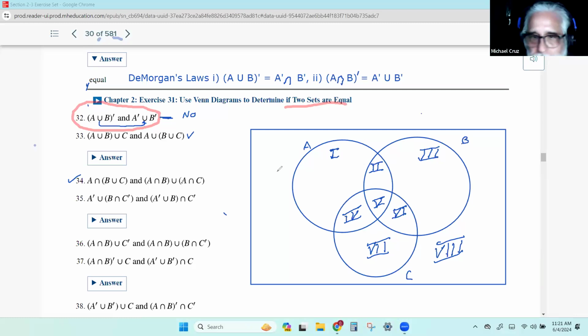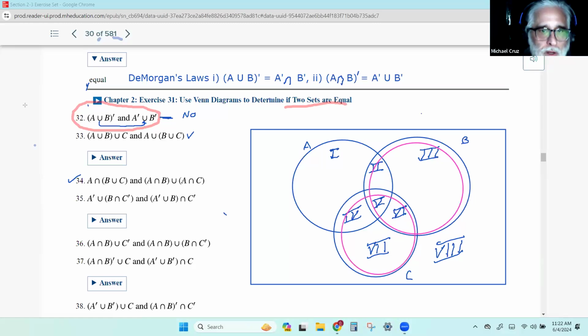So B union C is essentially this and that. Okay. That's B union C. Anything inside of there is B union C.